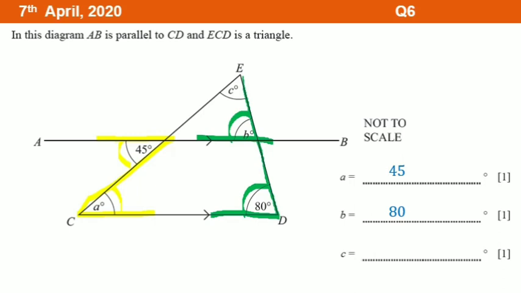So the total angle in a triangle will be equal to how many? 180, right? We already have this angle as 45, and we already have this as 80 here. So to find C, it's easy, just 180 minus 80 minus 45, which will be equal to 55 degrees.